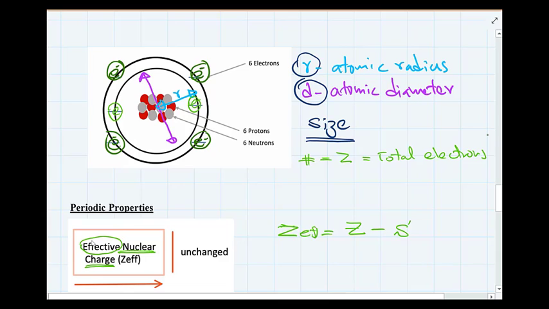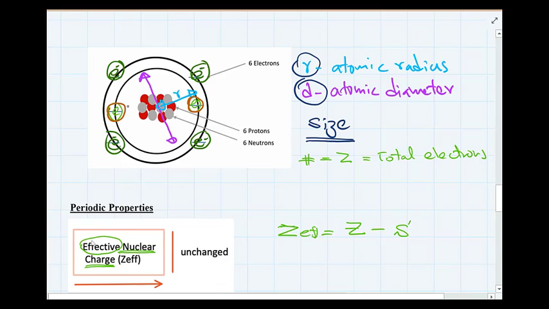So that's all of them. In this case, it's 6 electrons, right? Now, what's the S? S is the inner shield, and those two are core electrons. So in this case, we have 2 core electrons for the S.